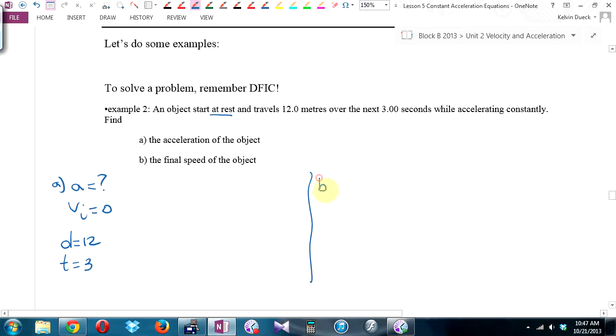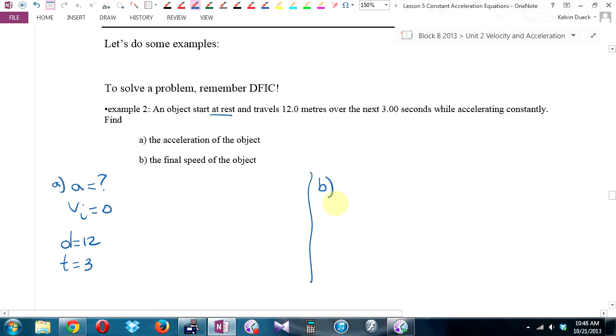Come back to that for a second. B. Realize what I should have done is I should have had final speed first and then acceleration. We'll stick with A. Sorry, guys, that was terrible. It wants me to find acceleration.